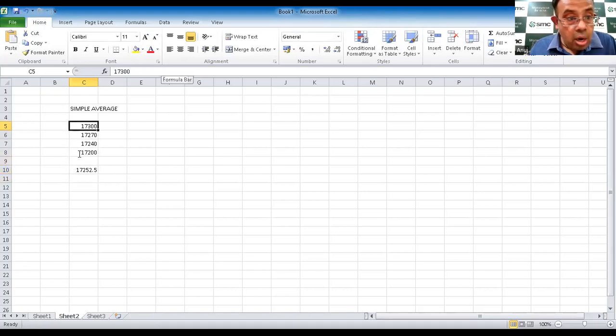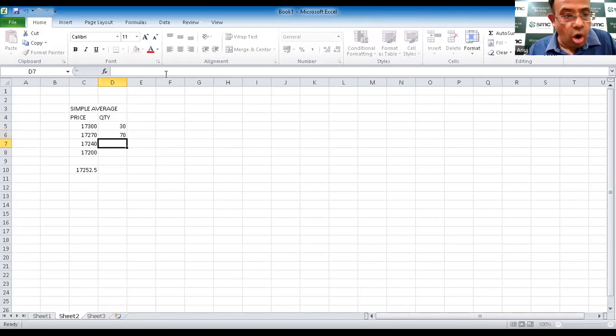Now, how VWAP is more stable, or how VWAP changes the equation, is this: say I add lots to it. What is the volume traded at every price point? Say at 17,300, there was a quantity of 30. This is quantity, this is price. At 17,270, there were say 70 lots.